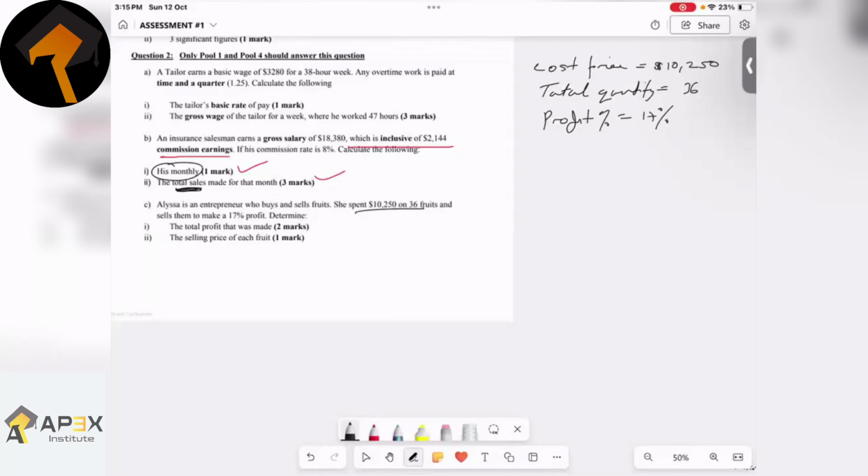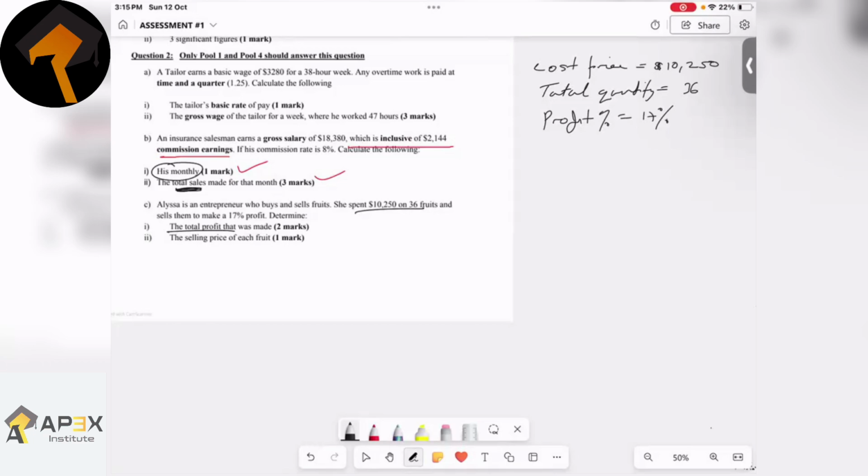That's what we know. Now, considering that we don't know what the actual profit is, that's what I'm assuming they want us to calculate. And as expected, they said that they want the total profit that was made. So she basically wants to make 17% of that 10,250.